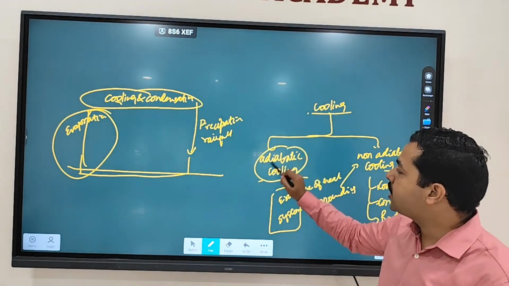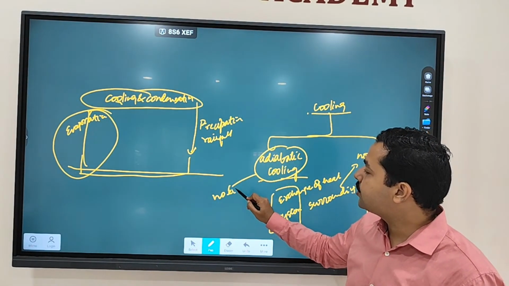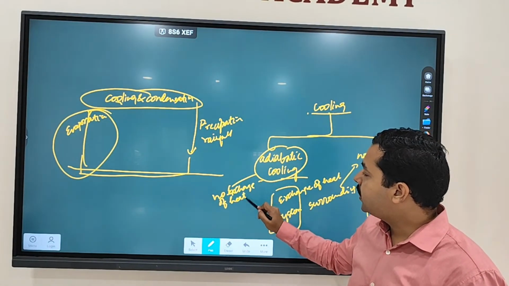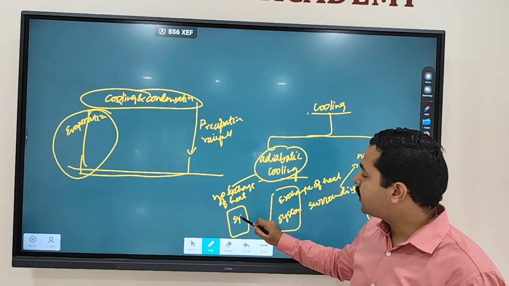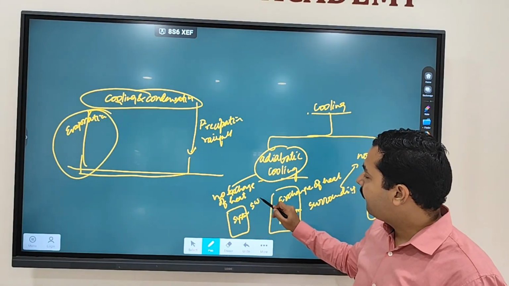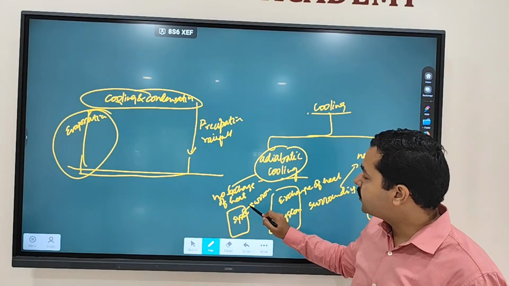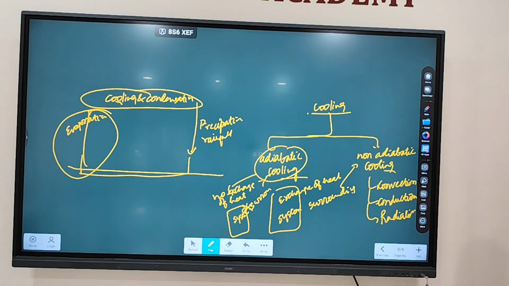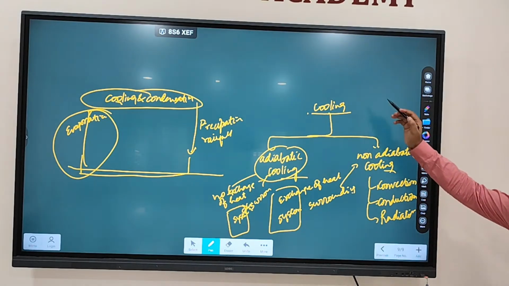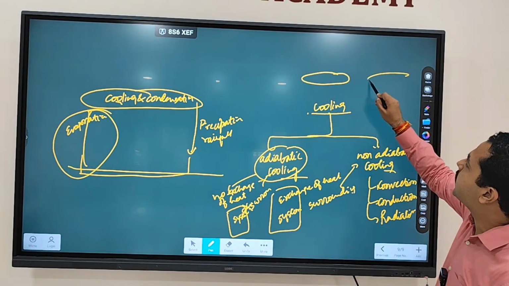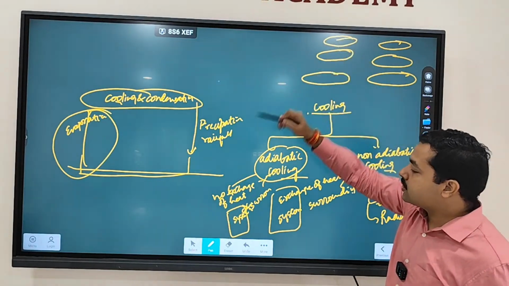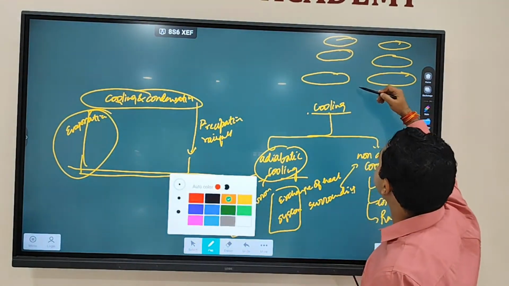When there is no exchange of heat happening between the system and surrounding, such type of cooling is called adiabatic cooling. Clear? If you remember the lapse rate concept, we discussed non-rising air, and we discussed a rising parcel of air.